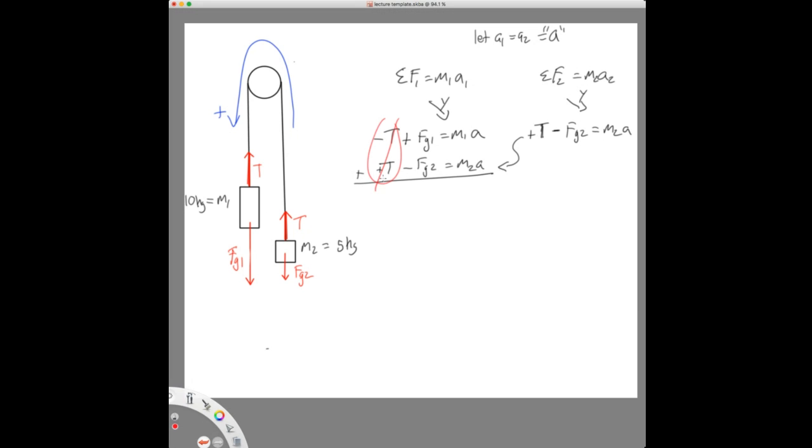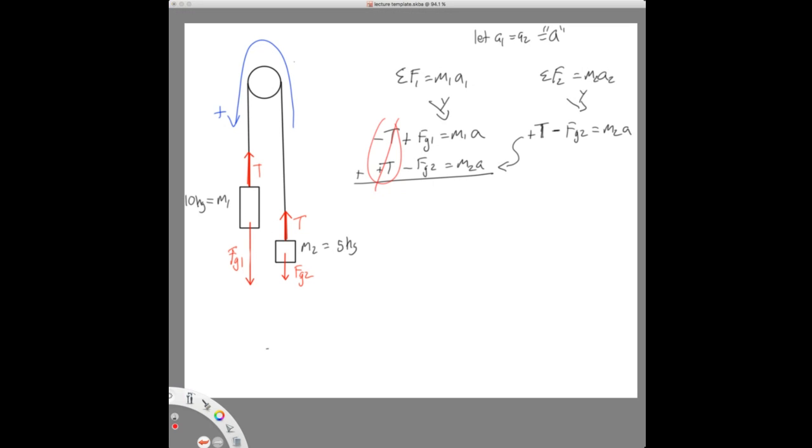And that's not special to tension, that's special to Newton's third law. So it wouldn't matter if these were just two blocks that were touching each other, and I'm pushing one, and the one I'm pushing makes contact with the second block and pushes it. There's still going to be an action-reaction pair between those objects, and when I'm combining the equations, those forces should cancel out if I got everything consistently correct.